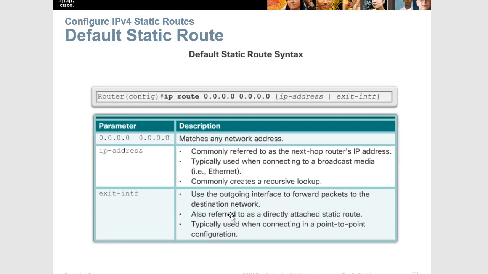Your default static route, the route that catches anything that is not in the routing table. That is the quad 0 route. So instead of typing in IP route and then some network you're trying to get to, this is for anything that doesn't show up in your routing table. You've got this quad 0 space quad 0 route that basically is a route to the gateway of last resort.